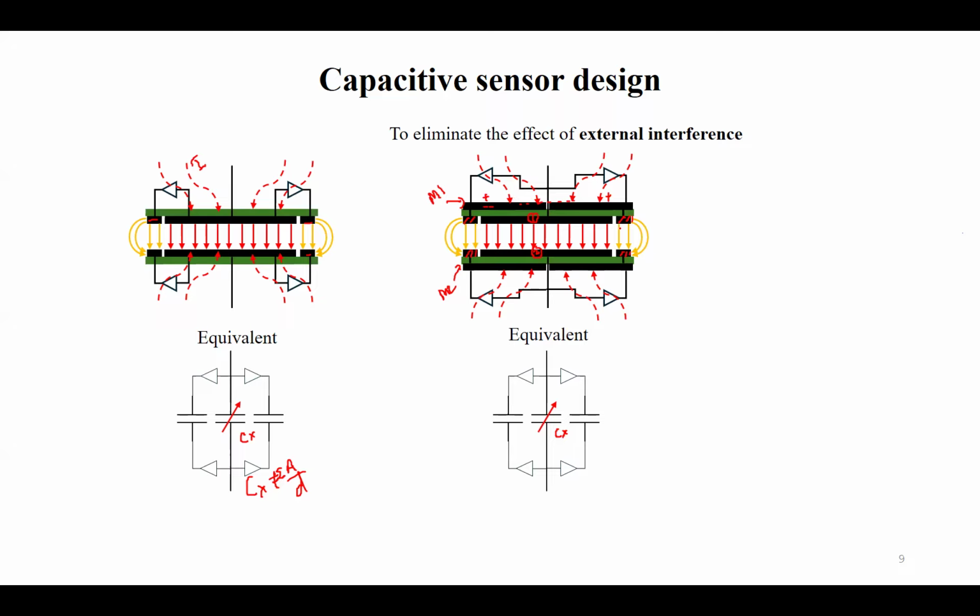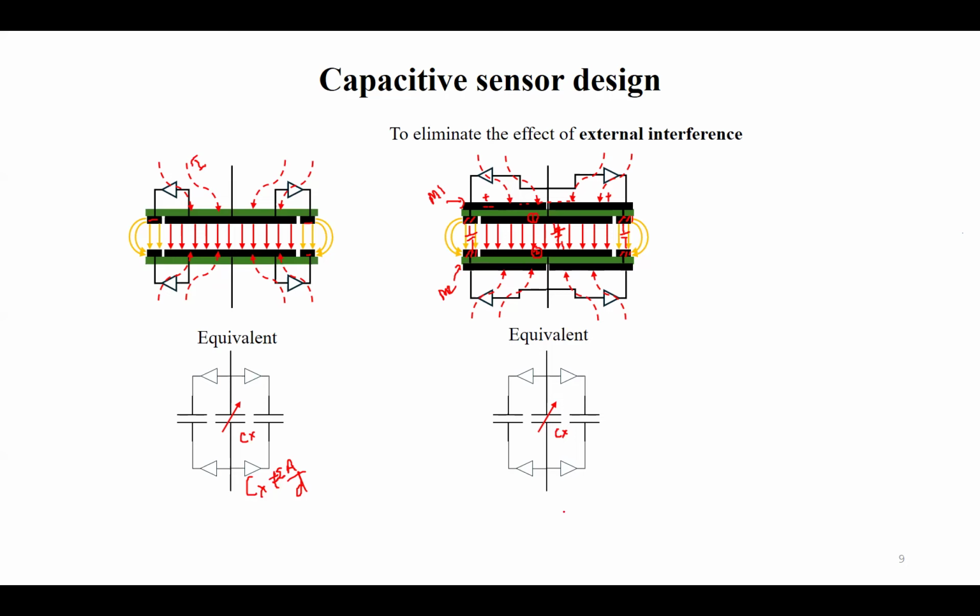So what happens? The external field lines will affect the capacitance due to these guard plates, right? The CG1 and CG2 will be affected, while the capacitance between the two plates won't be affected, right? The metallic plate capacitance will be affected by the external plate. So in effect, we are able to eliminate the effect of external interferences.